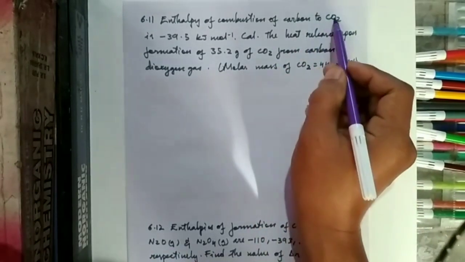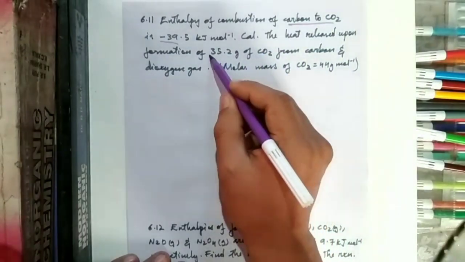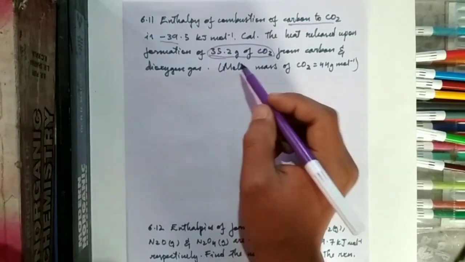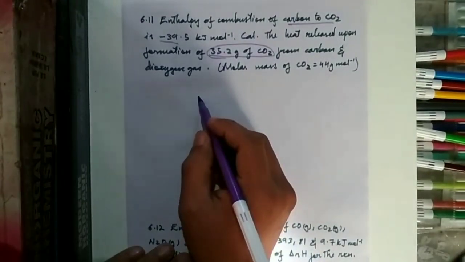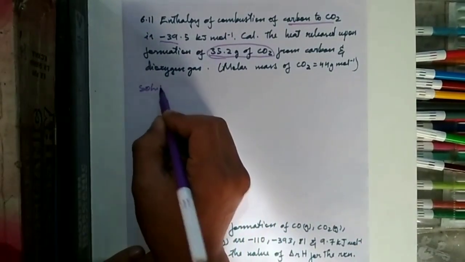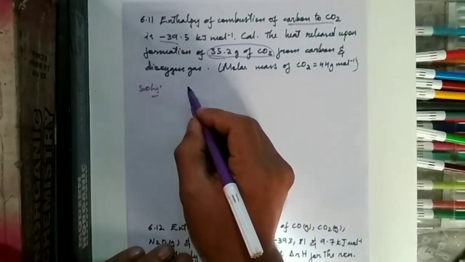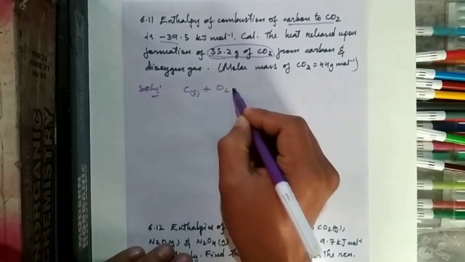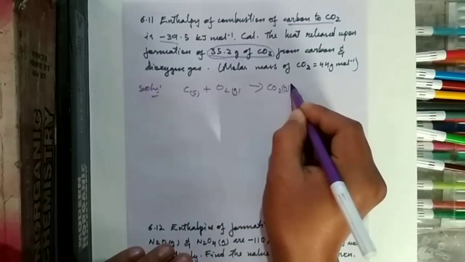Now for this one, it's given. What we have to do is find this for this one. So combustion, let's write the reaction first. Combustion of carbon to CO2 will be C plus oxygen, this dioxygen, to give CO2 gas.